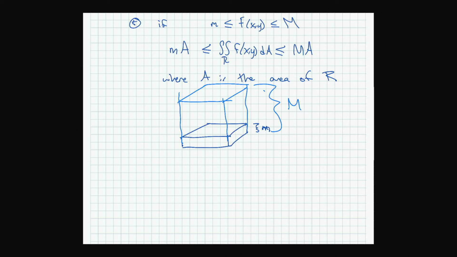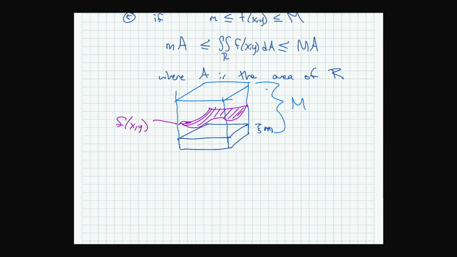Now, you have this function here that is supposed to be between the big M and the little m. So you have this tall box and this short box, and your function just lives in here, so your f of x, y is in between those two boxes.